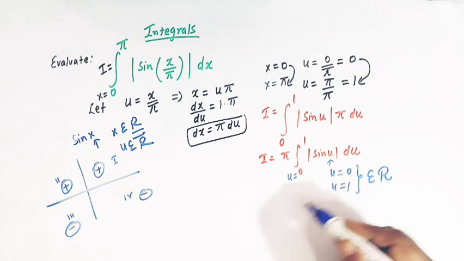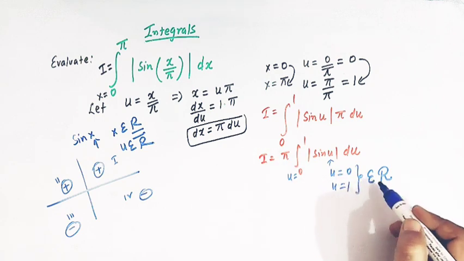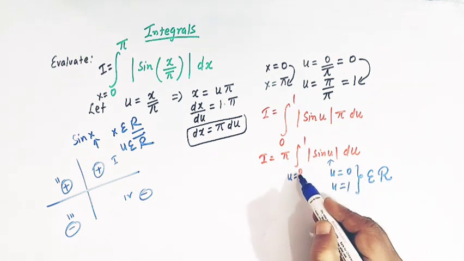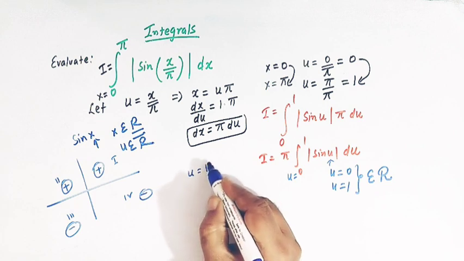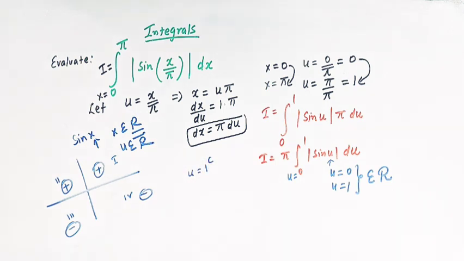And now let us move to the limits. Now see, here u lies between 0 and 1. So here 1 is actually 1 radian, right?